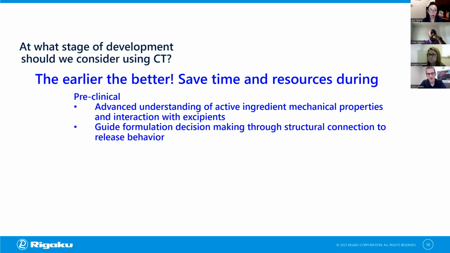That can be something like an immediate release, or something more extended like a controlled release. Looking at this CT analysis can be a really key area to identify those best formulations. You can also look at the clinical phase.